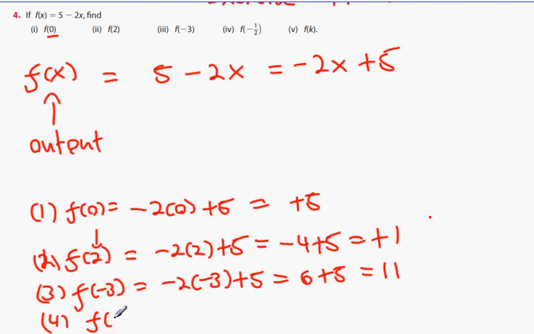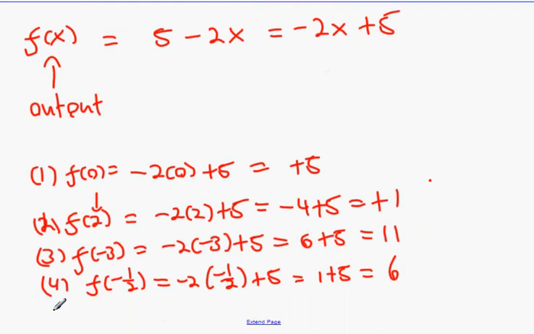F of -1/2. -2 multiplied by -1/2 plus 5. What's -2 by -1/2? Plus 1. 1 plus 5? 6. Okay, next one. F of k.